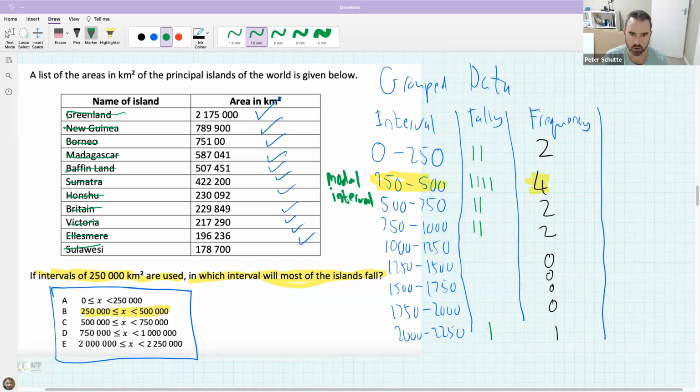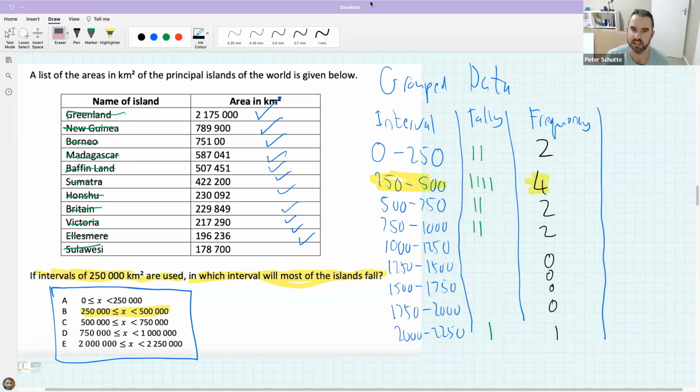Now, using what you know from previous lessons about finding the median, what do you think the median interval is for this particular data set? I've got things about the island. What is the median interval?